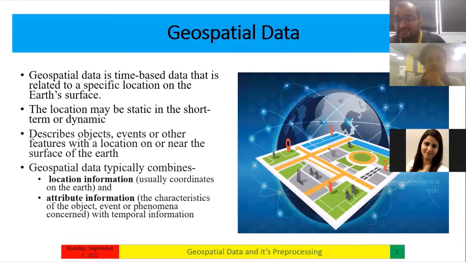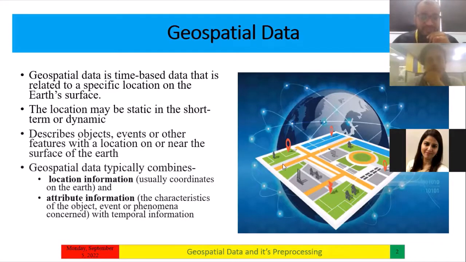It had a source point where it started, and as time passed, it moved towards the coastal area and then entered some internal parts of the country. So the geospatial data of Amphan would be dynamic, since its position was not fixed.